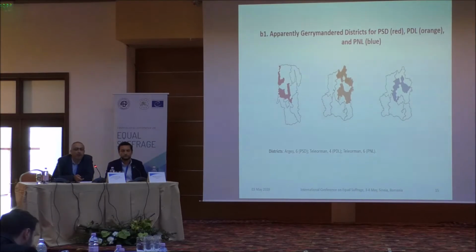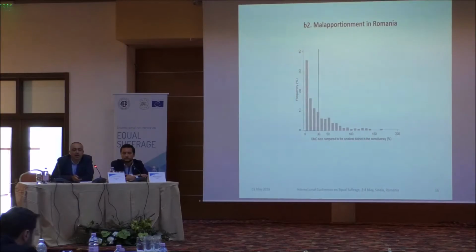safe seats for particular candidates. That analysis showed that gerrymandering and malapportionment were both used to create such safe seats. These are three cases for the Social Democrats, Democrat Liberals, and Liberals.